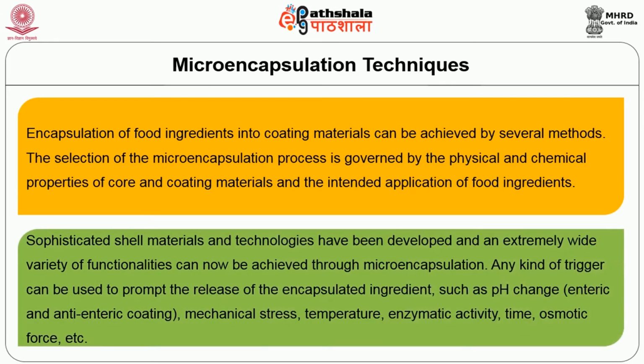Sophisticated shell materials and technologies have been developed and an extremely wide variety of functionalities can now be achieved through micro-encapsulation. Any kind of trigger can be used to prompt the release of encapsulated ingredient such as a pH change, a mechanical stress, temperature, enzymatic activity, time, osmotic force, etc.